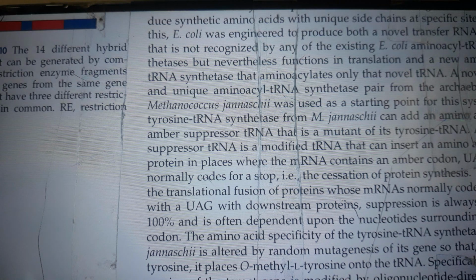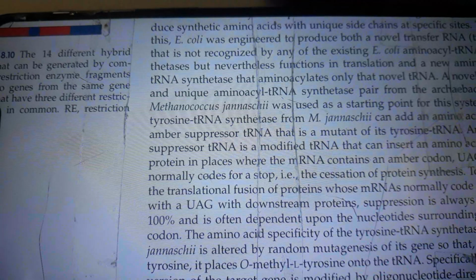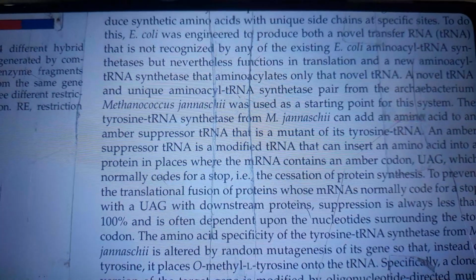UAG, which normally codes for a stop, that is, the cessation of protein synthesis, to prevent translation of the proteins whose mRNA normally code for a stop.